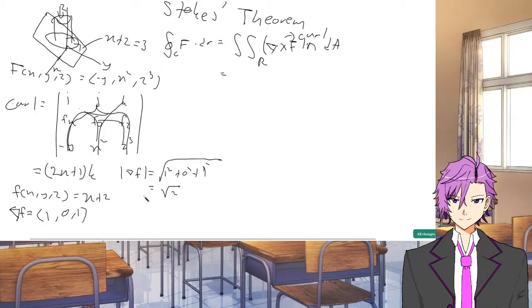So using these two, we can get the normal vector, which is (1, 0, 1) with magnitude over square root 2, so 1 over square root 2. It's like a unit vector, but it's actually a normal. So you get the point.